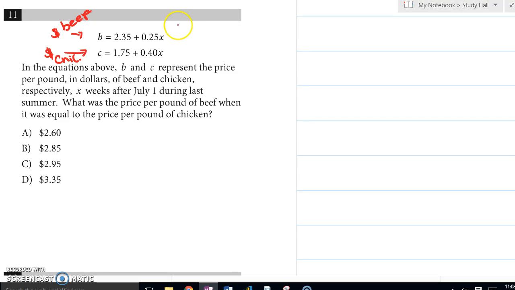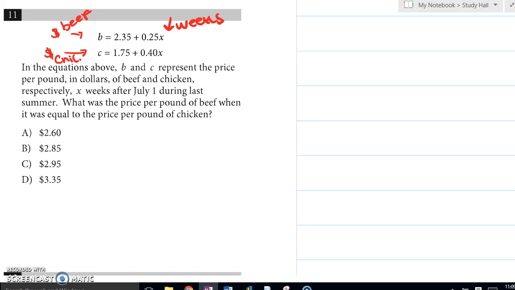X stands for weeks after July 1st during last summer. Now, what was the price per pound? Is that x, or is it B or C? It's B and C, because that is the money per pound.